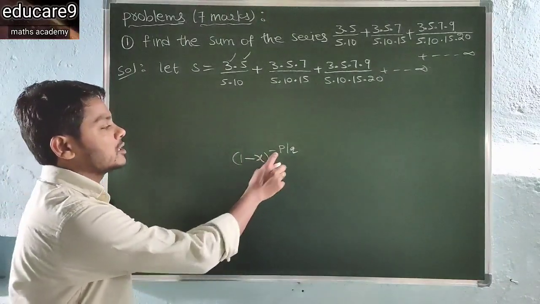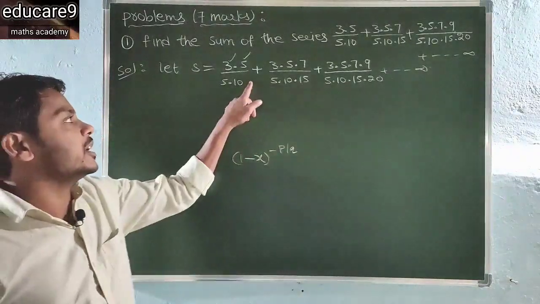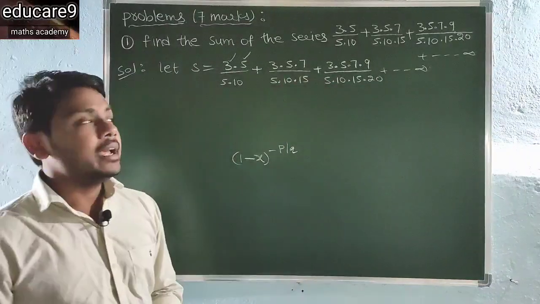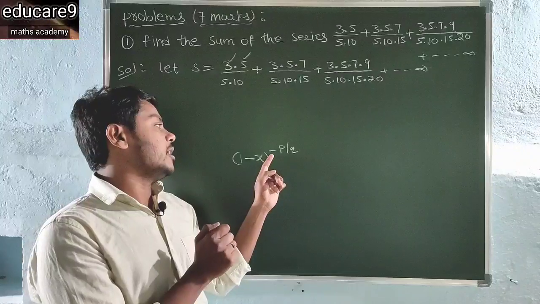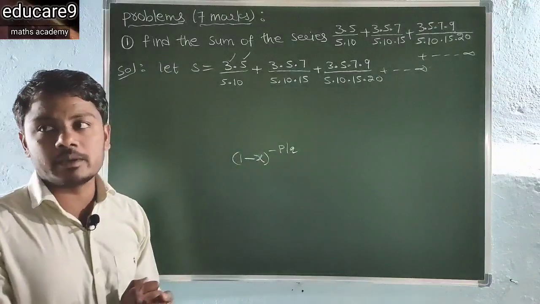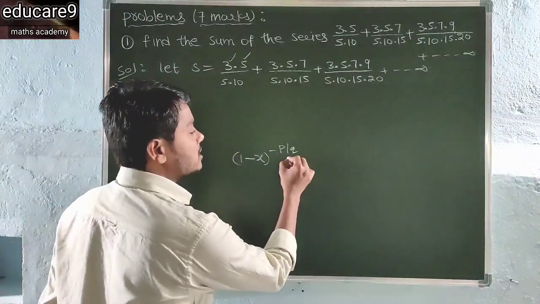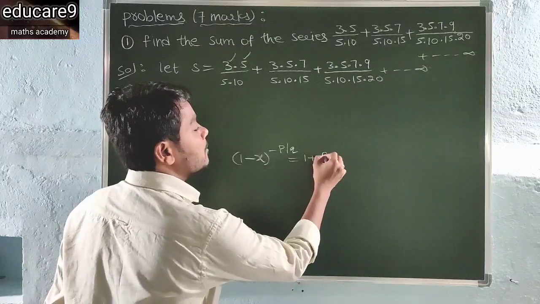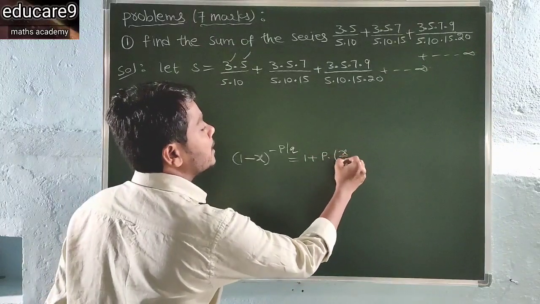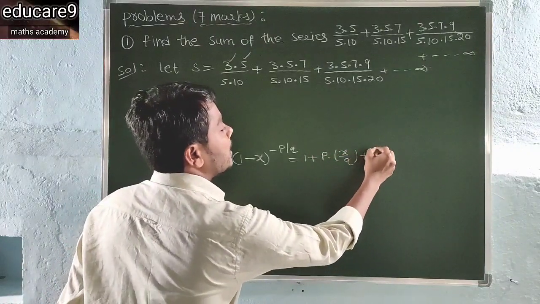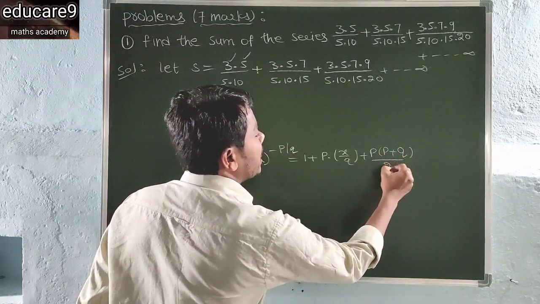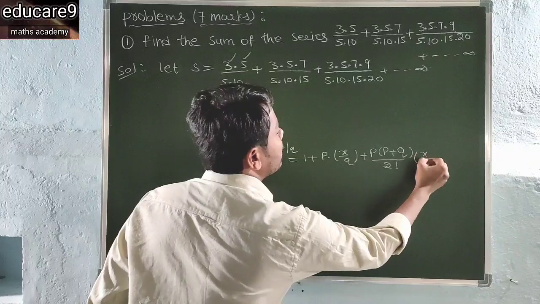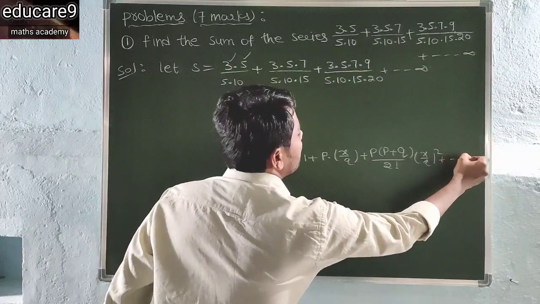Because both have the same signs, numerators are sums of the terms, so that's why you have to write the power as minus p by q. So what is this expansion? This is 1 plus p into x by q plus p into p plus q by 2 factorial into x by q whole square and so on.